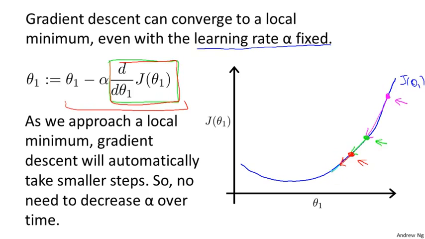And as gradient descent runs, you will automatically take smaller and smaller steps until eventually you're taking very small steps, and you finally converge to the local minimum. So just to recap, in gradient descent, as we approach a local minimum, gradient descent will automatically take smaller steps.